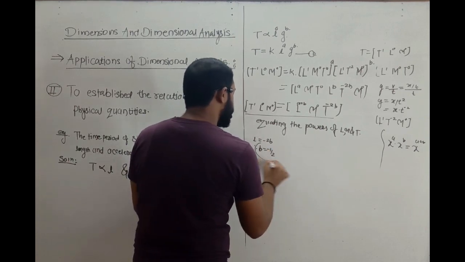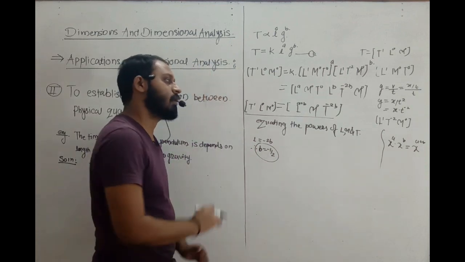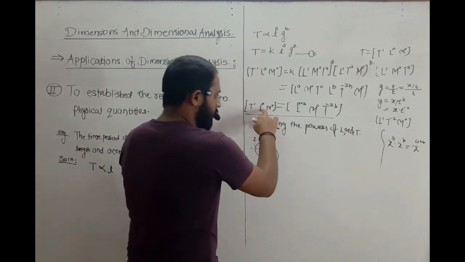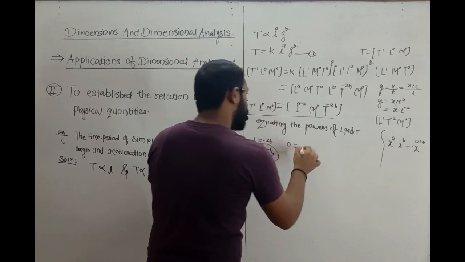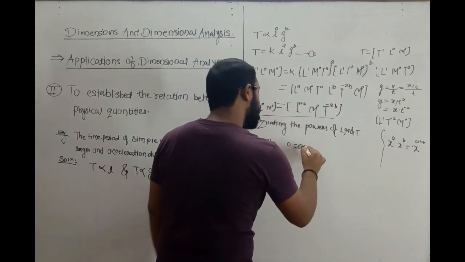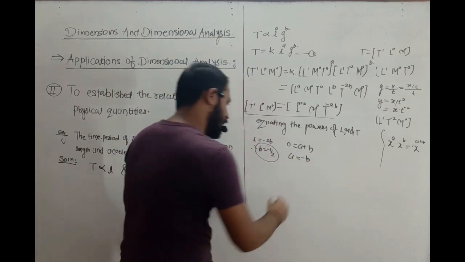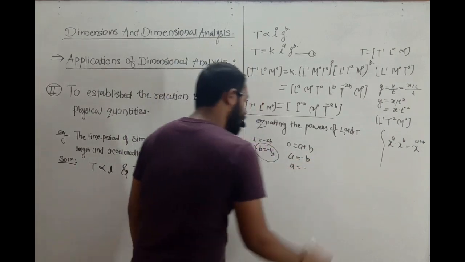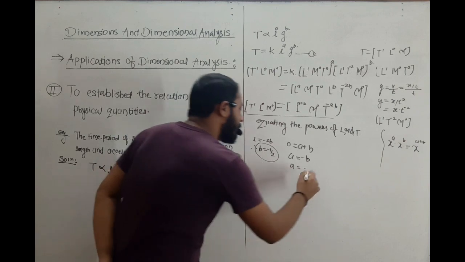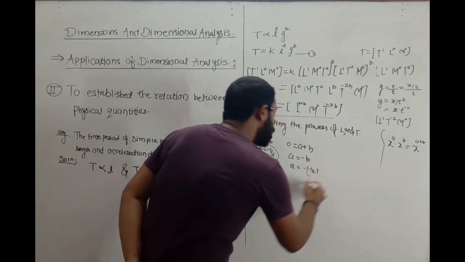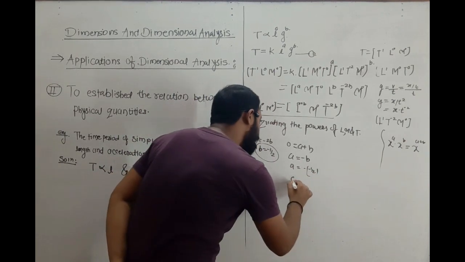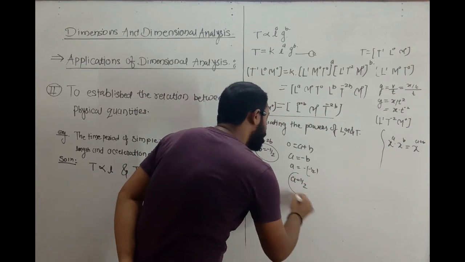Minus 1 by 2. Any problem? Now see, L power 0, L power A plus B. Therefore, A equals minus B. What is the value of B? Minus 1 by 2. Minus gave plus. Therefore, A equals 1 by 2.